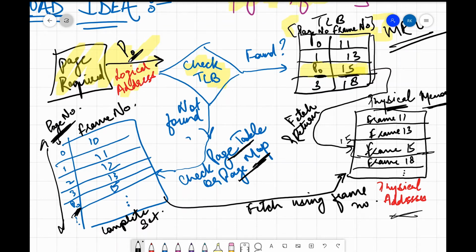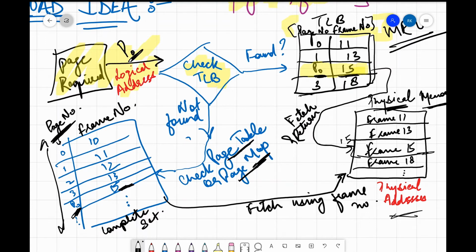Let's say this is P0 over here. You keep on searching from 0, 1, 2, 3. So it is basically a sequential search, right? You keep on searching, and once you find that this is your required page number, you fetch the corresponding frame number. Again, the same procedure. This is also a mapping, but this is the complete collection, and the one in the TLB was some restricted amount of entries.